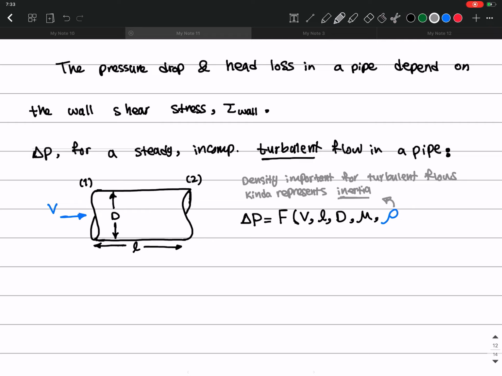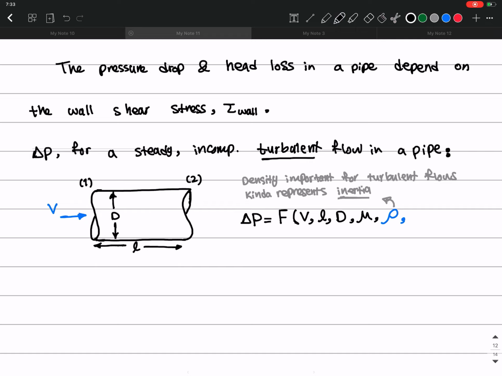Okay, and the other important parameter in turbulent flows is something related to the pipe, and that is the roughness of the pipe.